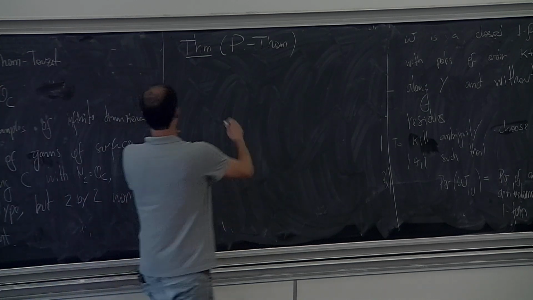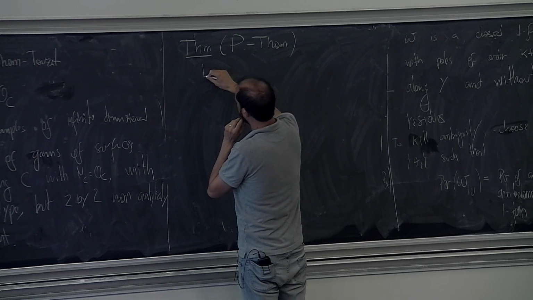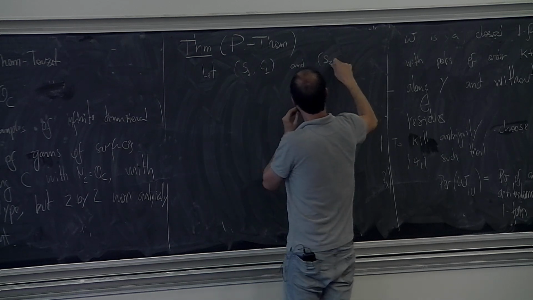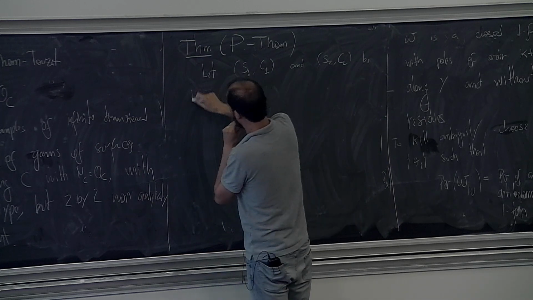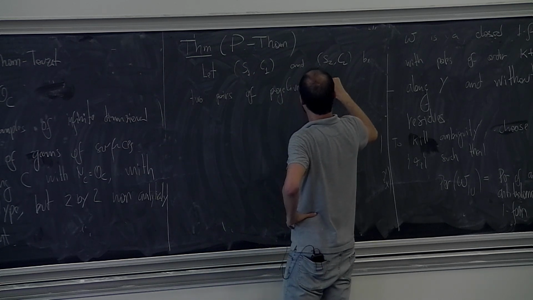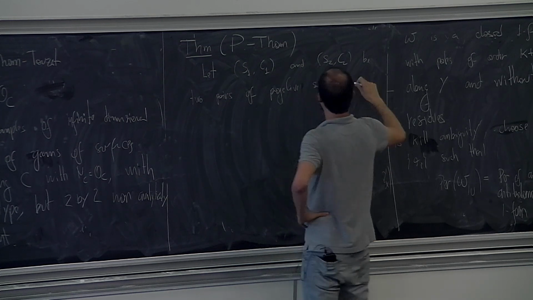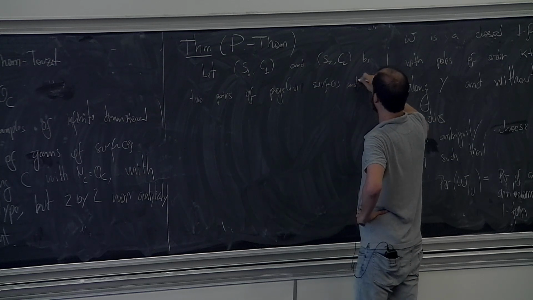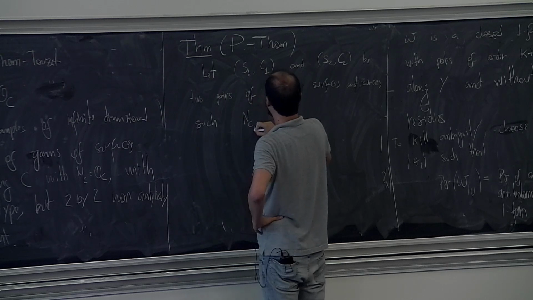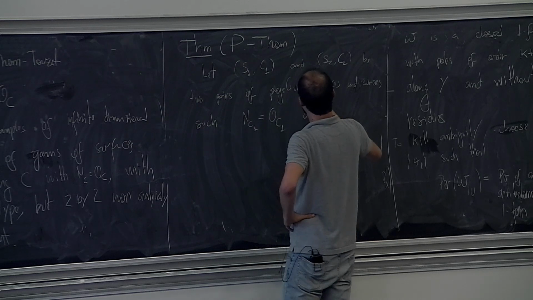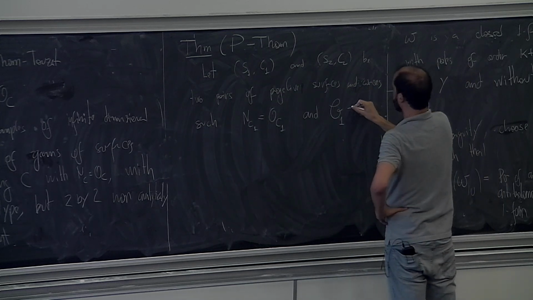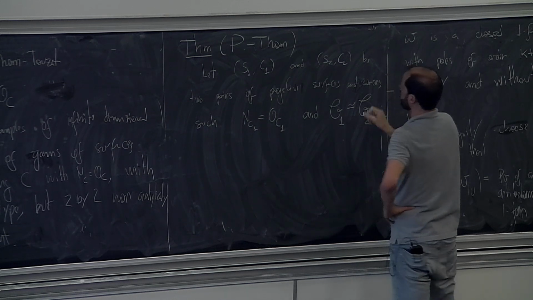So let S1, C1 and S2, C2 be two pairs of projective surfaces and projective curves on them, such that the normal bundle of C1 is equal to O_C1, and the formal completion of S1 along C1 is the formal completion of S2 along C2.